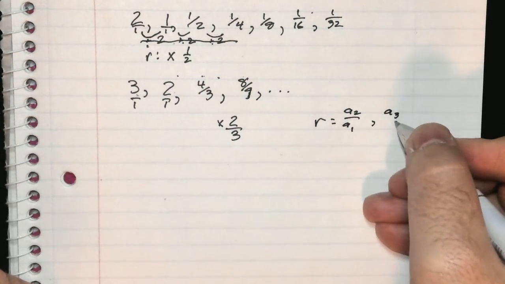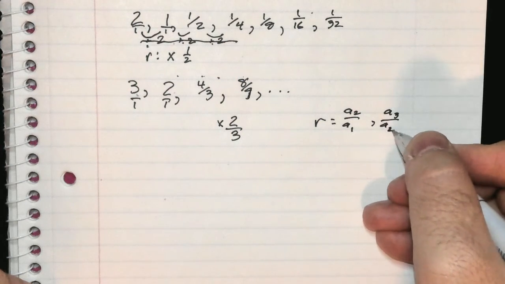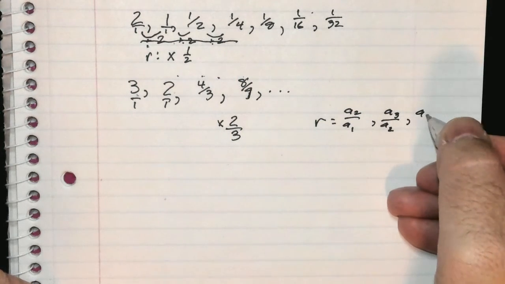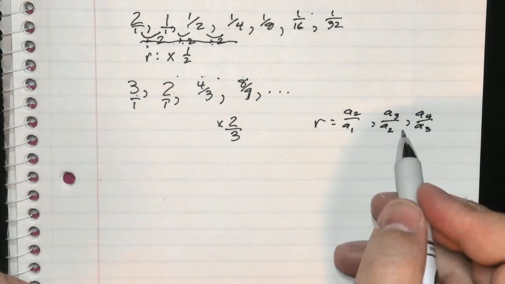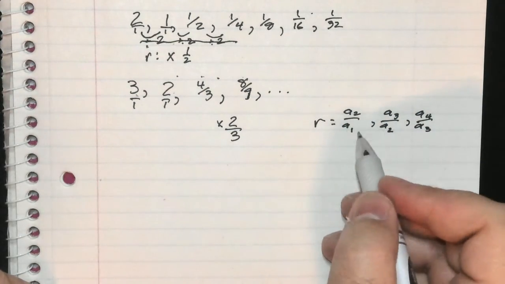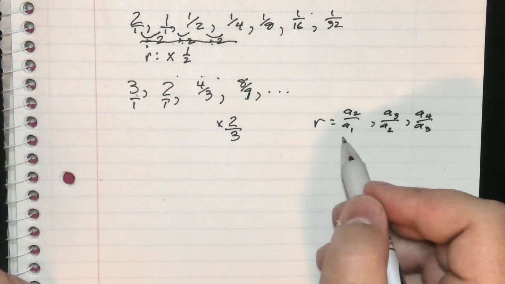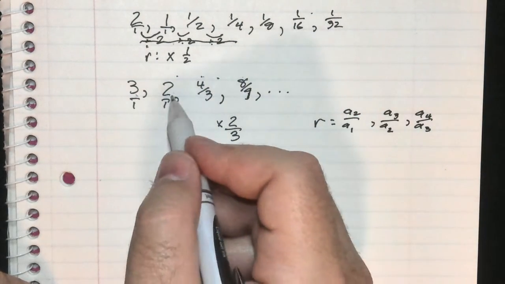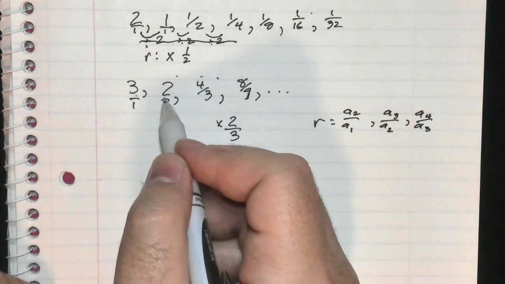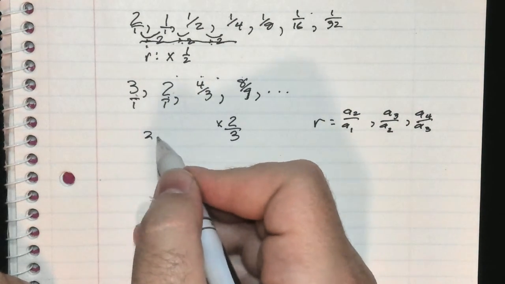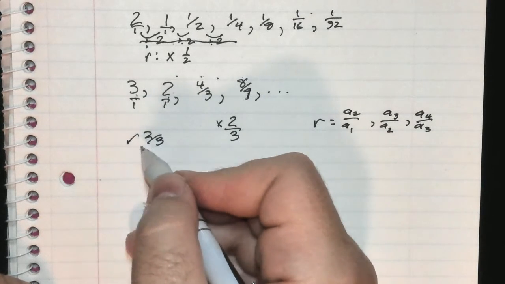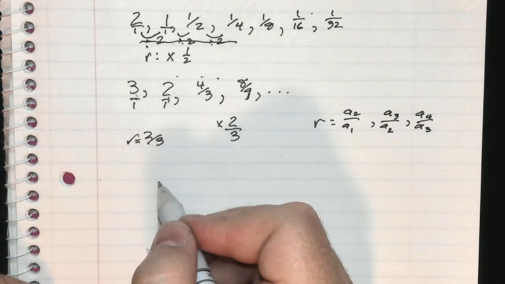Or you could do the third term divided by the second term, or the fourth term divided by the third term. So if you're having a hard time seeing the ratio, pick any two terms in the sequence and divide them out. So if I did it with this piece over here, the second term divided by the first term is 2 divided by 3. And that's my common ratio.